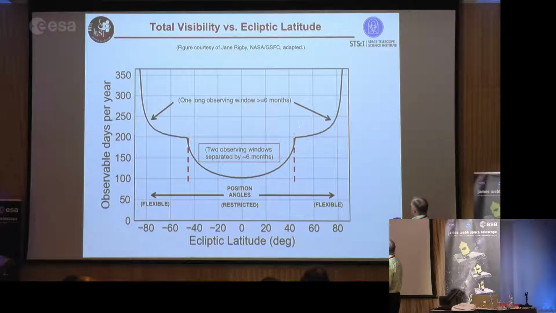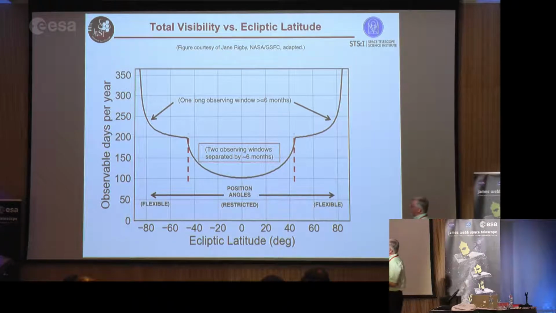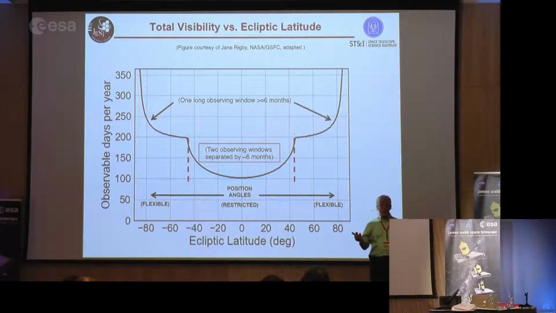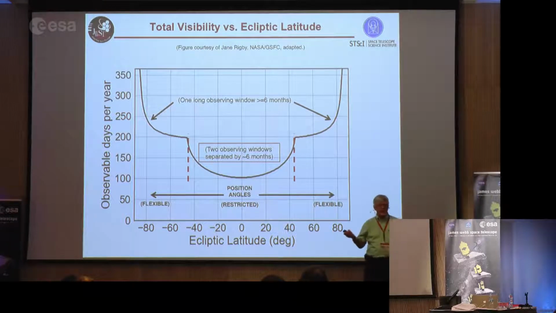Whereas at higher latitudes, you have a lot more flexibility of available position angles, if that matters to you. Although, for instance, if you're doing a very large mosaic, the amount of time you can get at one position angle on the sky is still restricted to about 10 days maximum. So you could actually ask for a large enough mosaic that it can't be scheduled at the same angle because of that restriction.